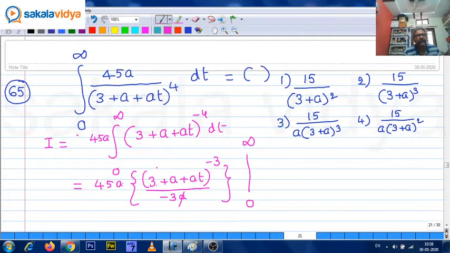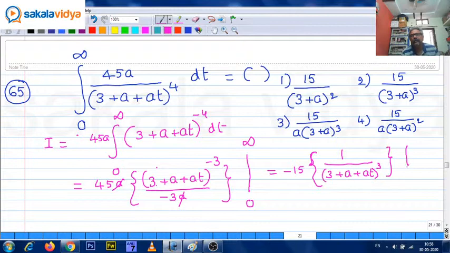Here a gets cancelled. So this will be, you can write now, 45 by 3 is 15, but minus 15 times 1 by (3 plus a plus at) whole cube, limits 0 to infinity.